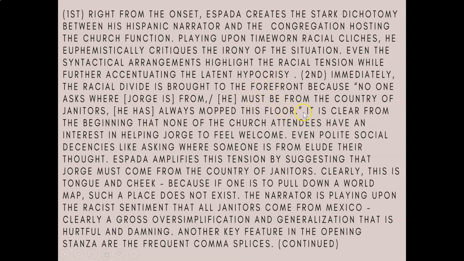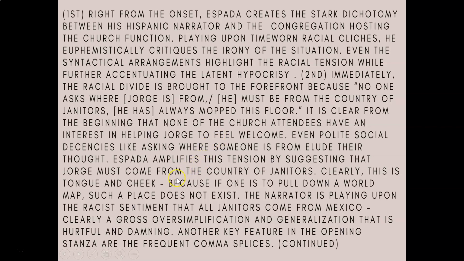We quote, we analyze. It is clear from the beginning that none of the church attendees have an interest in helping Jorge to feel welcome. Even polite social decencies like asking where someone is from elude their thought. Espada amplifies this tension by suggesting that Jorge must come from the country of janitors.